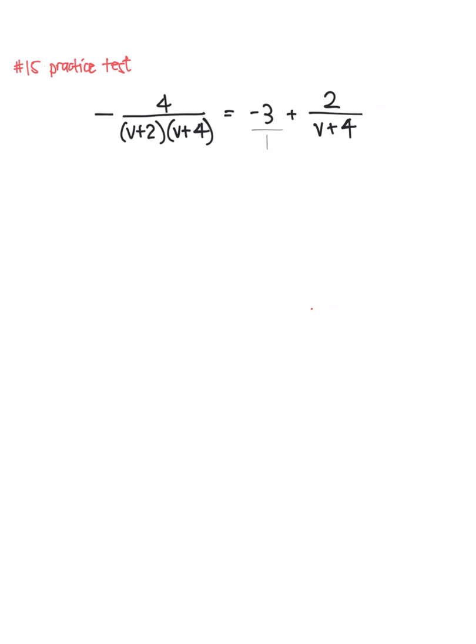I'm going to multiply each term times that common denominator. Now working with each term, I am going to cancel out any common factors. Now I'm going to simplify each term.